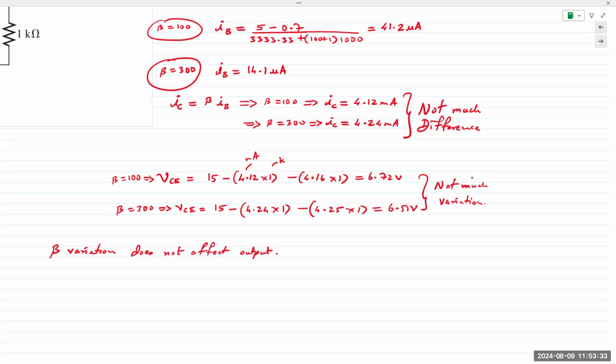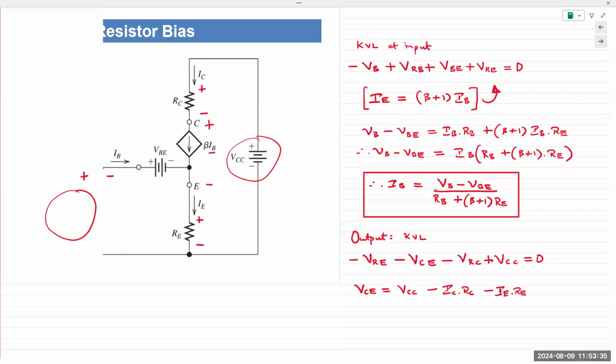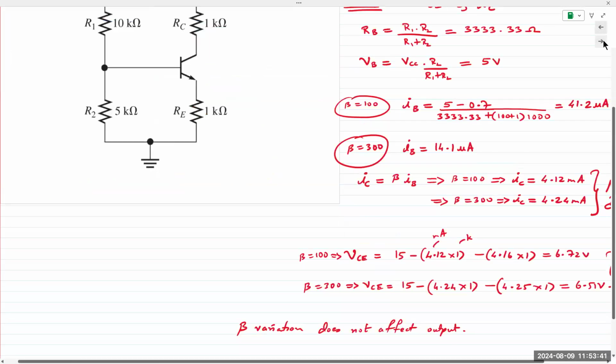That's IE. So here, let's go back. And so that's IE, the emitter current. In the emitter current, that's a good question. Let me just write it out right here. IE is IC plus IB. And so for beta is equal to 100, IE is 4.12 milliamps plus, what is it for 100? 41.2 microamps.